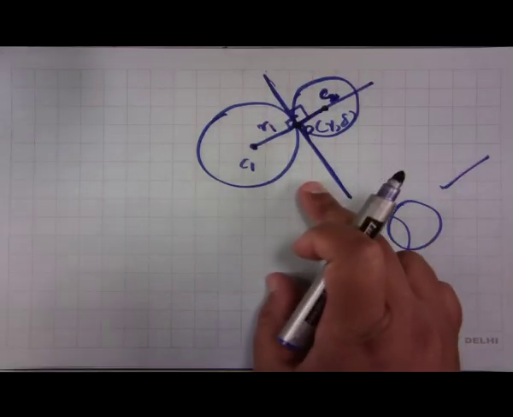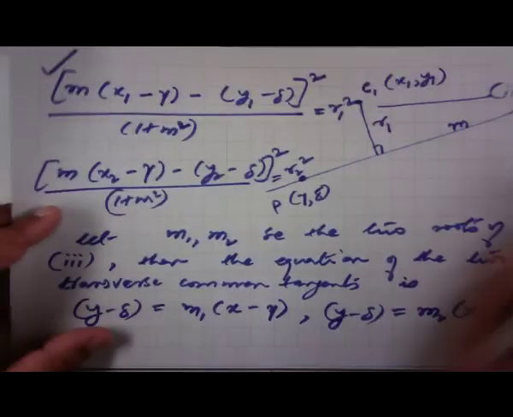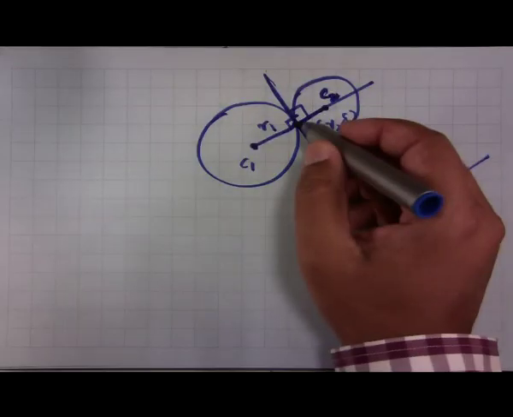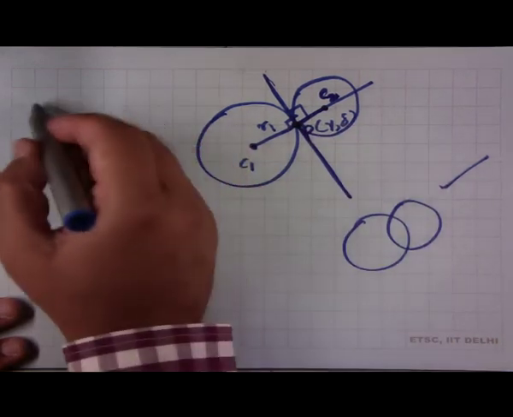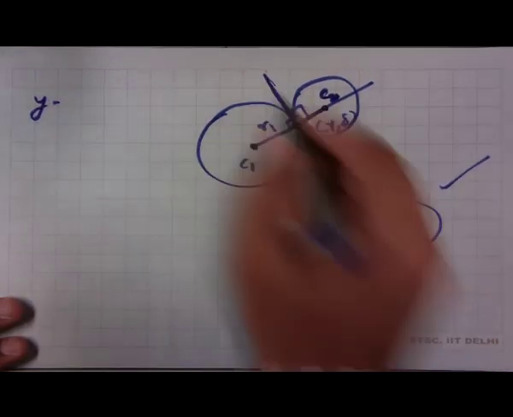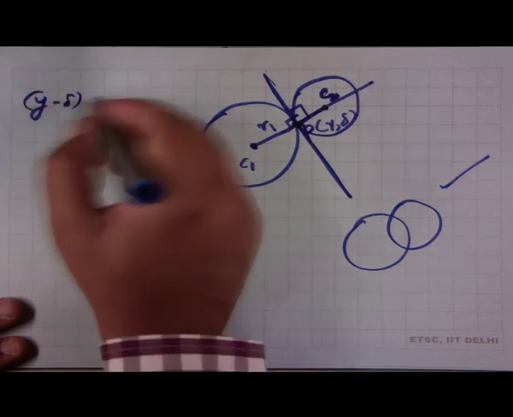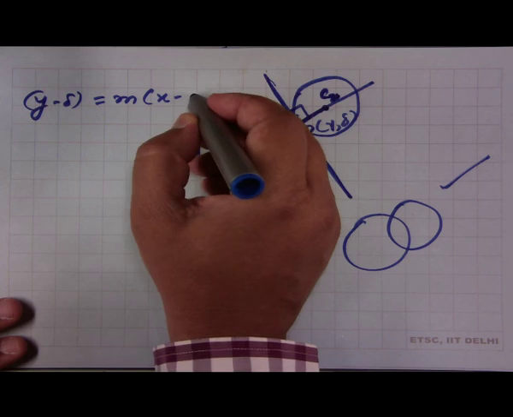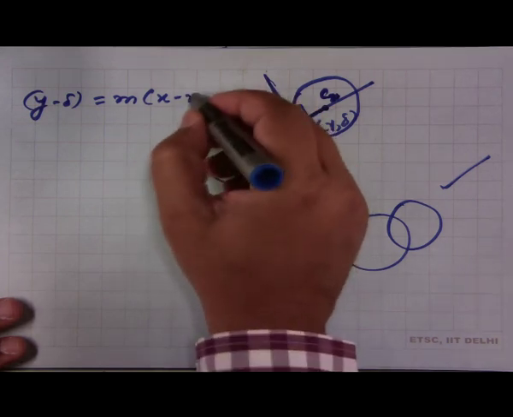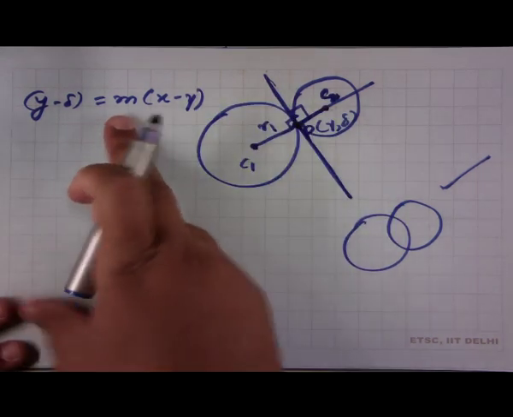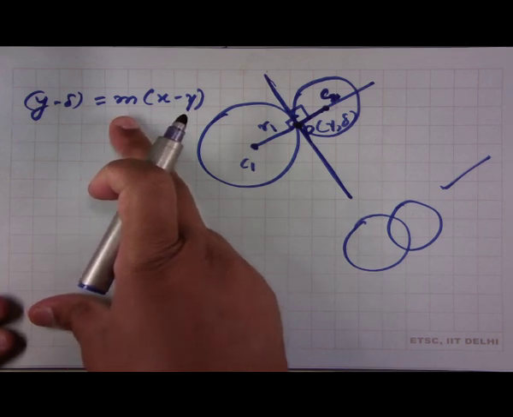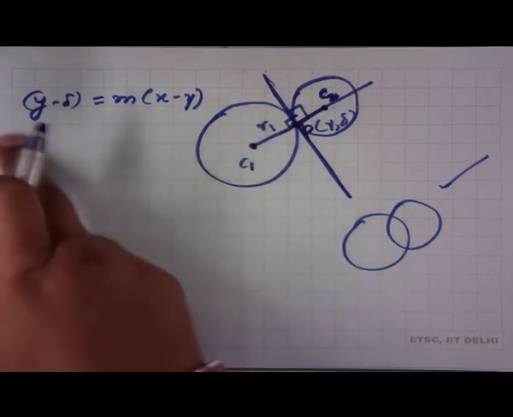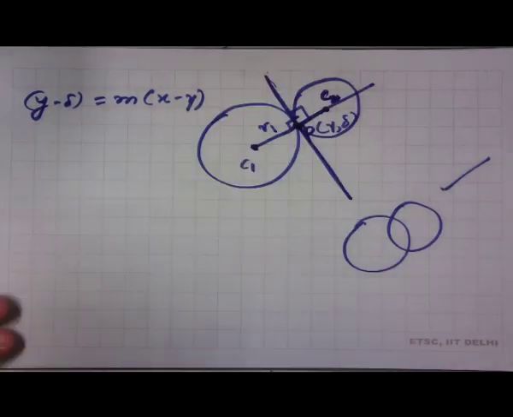We won't have two tangents, we will just have one tangent, and the equation of this single transverse common tangent will be y minus delta equals m into x minus gamma, where m is the value of the equal roots of that quadratic equation in m. So, there is only this single transverse common tangent.